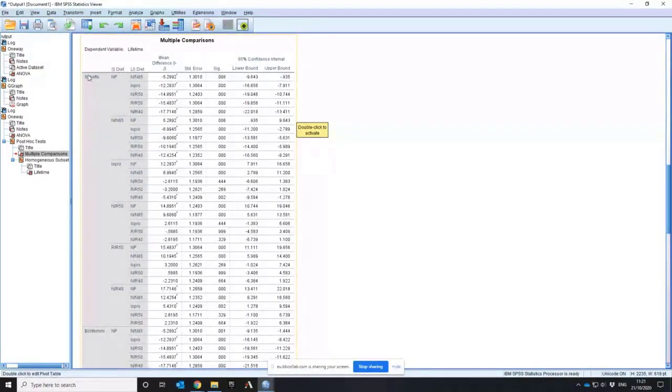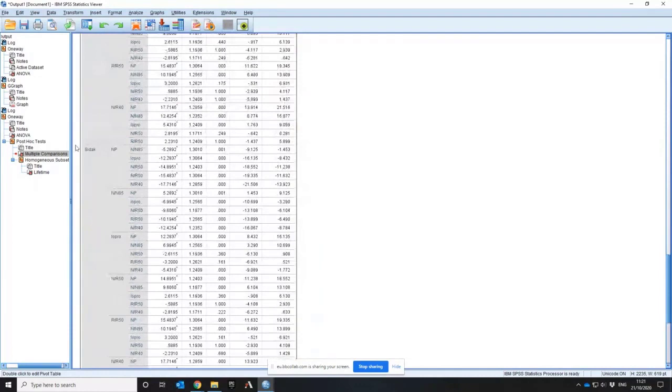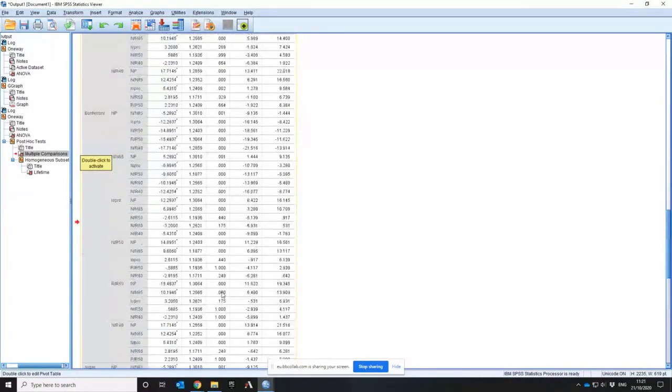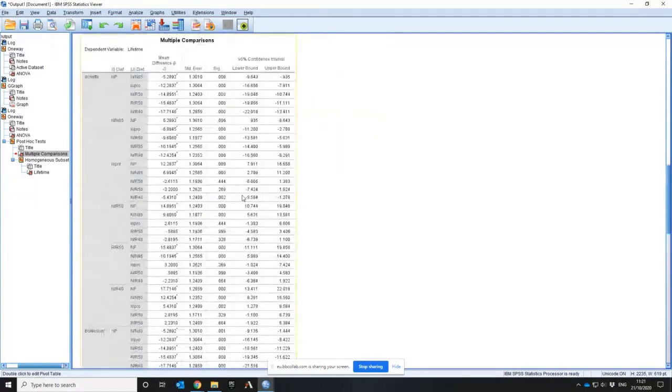Notice that the values here are for Scheffe and their particular p-values. For Bonferroni, which is the strictest, you've got a different value. And for Sidak, you've got the same as the Bonferroni, but they don't always come out as even. Each of the different correction methods is going to give you a different set of scores.